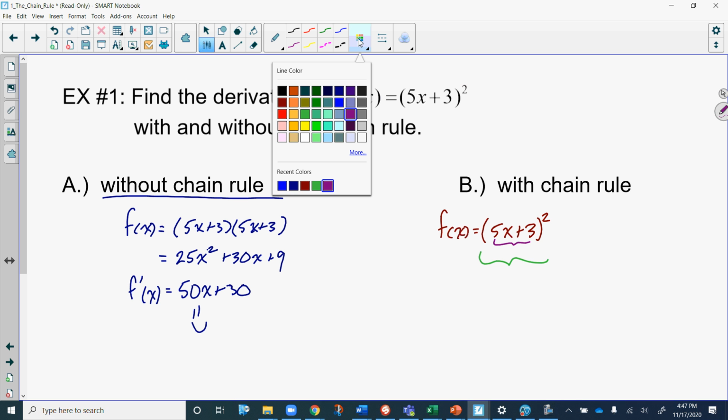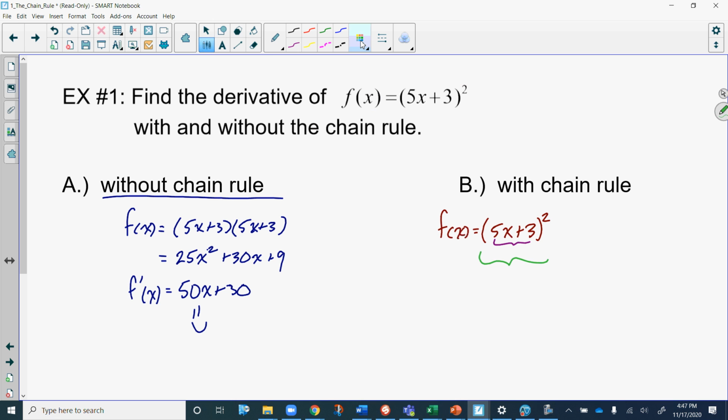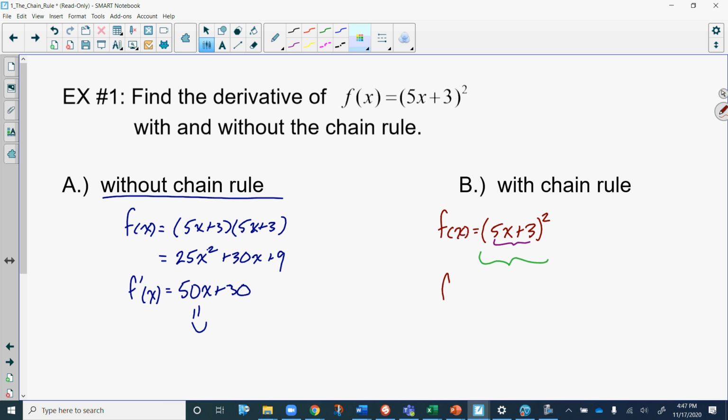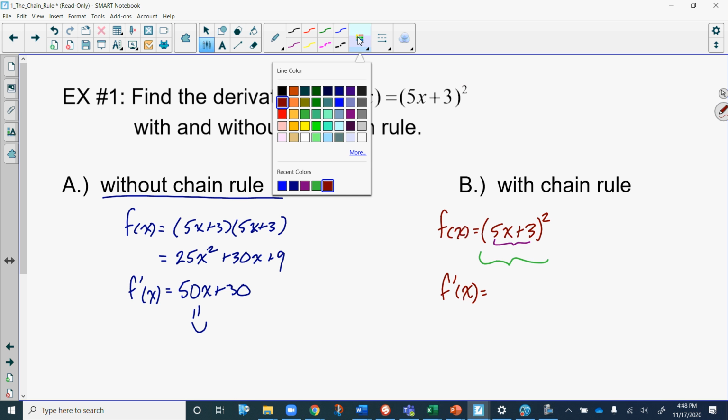So the derivative of the whole thing, using our power rule. And let me see if switching colors may slow things down a little bit, but hopefully, especially at the beginning, it'll help keep things straight.